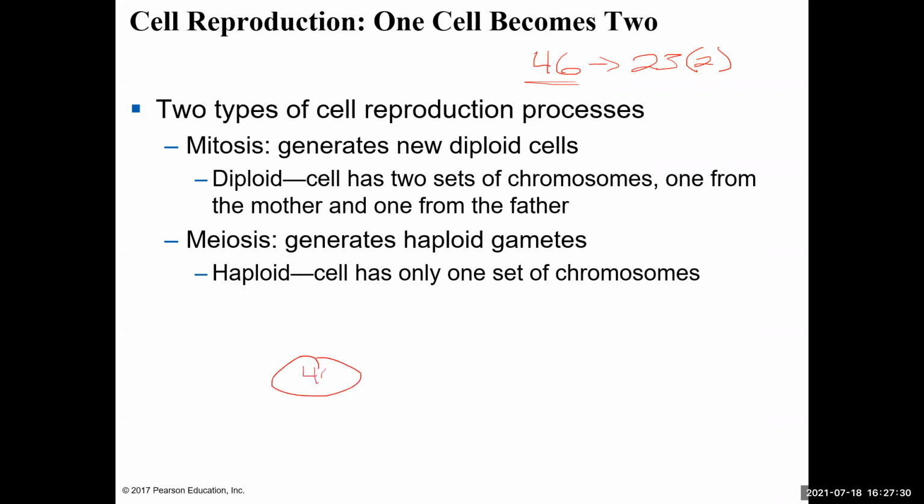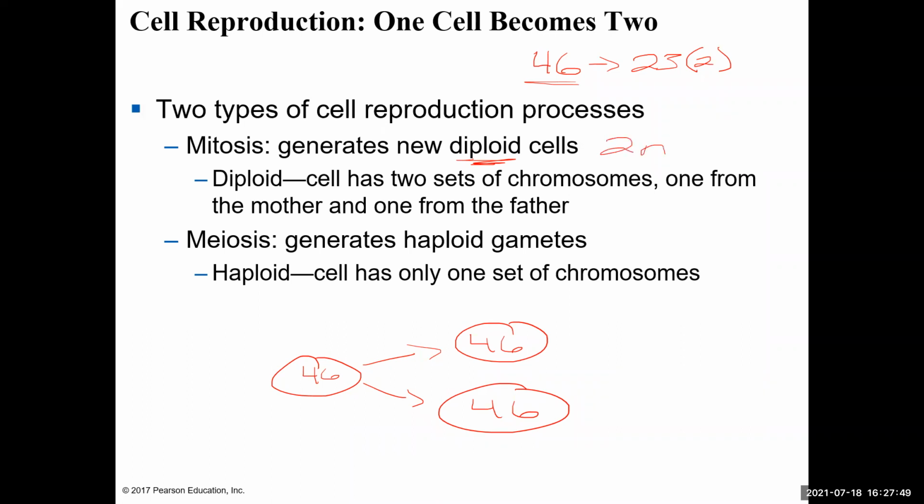So you have a cell with 46 chromosomes, it will divide, and you'll have two cells with 46 chromosomes. Having two copies of each chromosome is referred to as diploid.